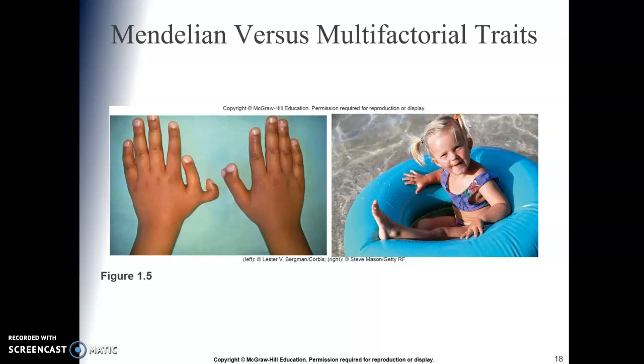But polydactyly is actually a Mendelian trait, and on the right-hand side, the slide is illustrating skin color variations. We'll talk a lot about that because skin color has an enormous range of possibilities, influenced by a large number of genes but also some environmental conditions.